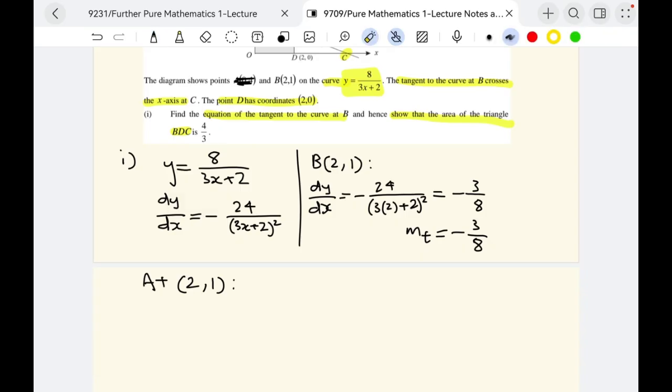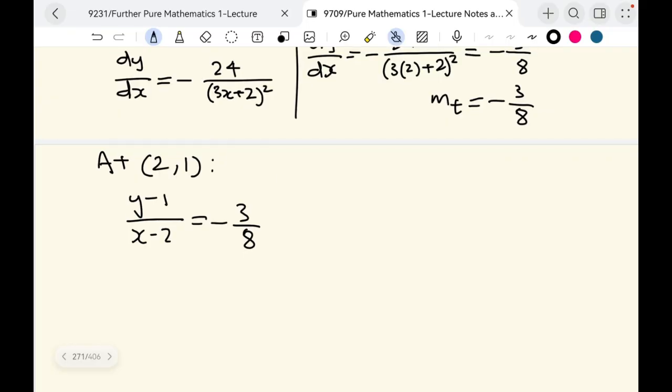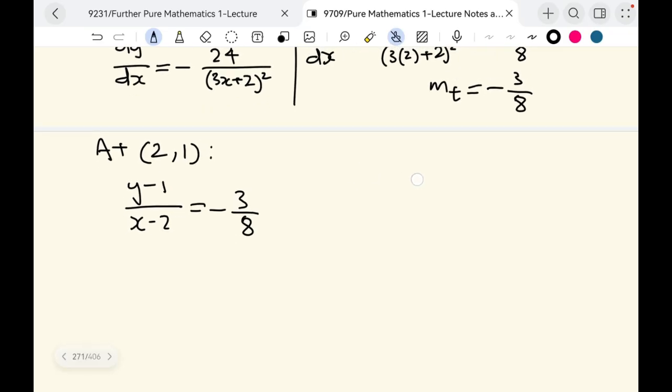So using the gradient, y minus 1 divided by x minus 2, the positions of the coordinates must correspond to each other, right? Either you can leave it in the standard form, or you can leave your equation of the tangent in the intercept form.